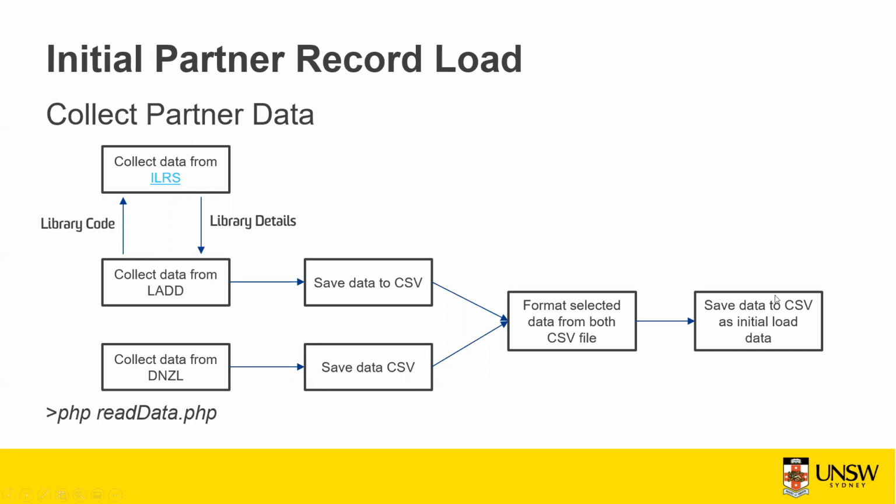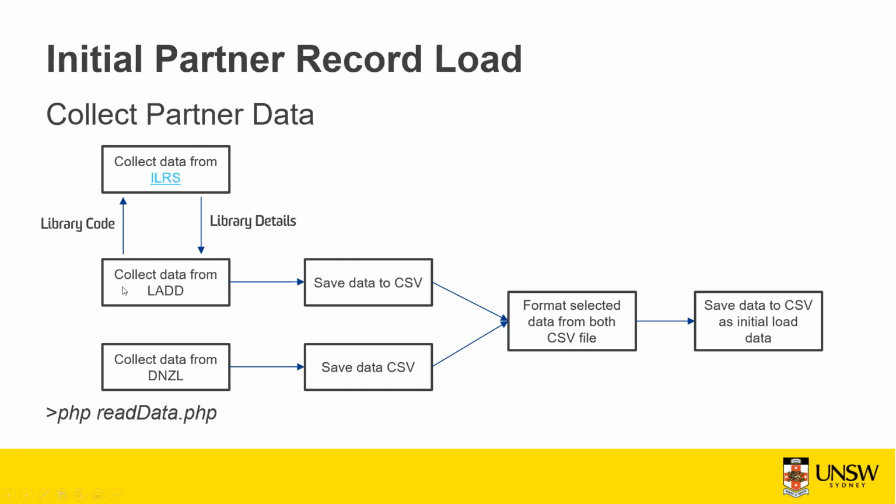The script starts by collecting data from the LADD website. But because the LADD website only provides part of the information we need, we also need to get other library details from the ILRS website.